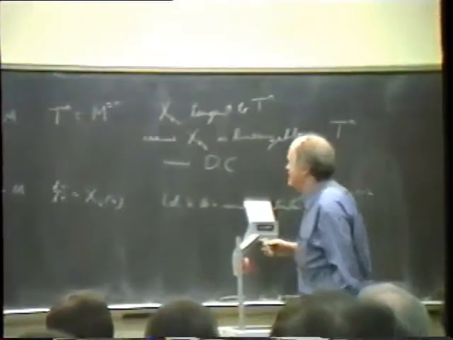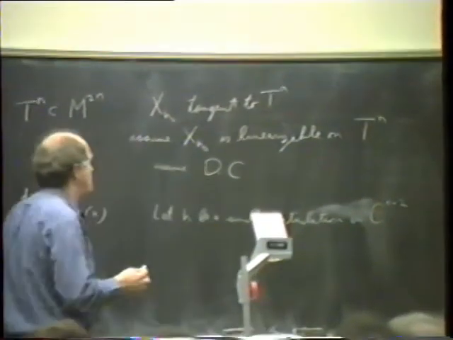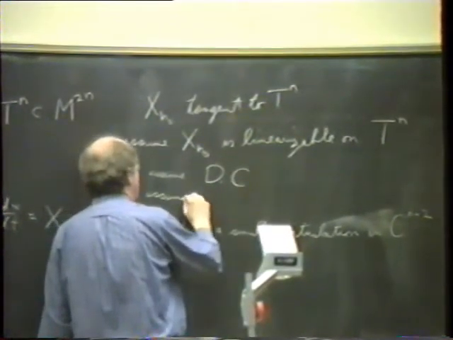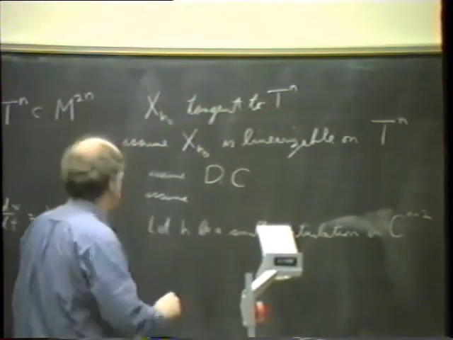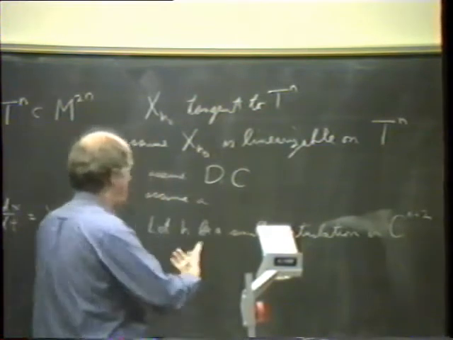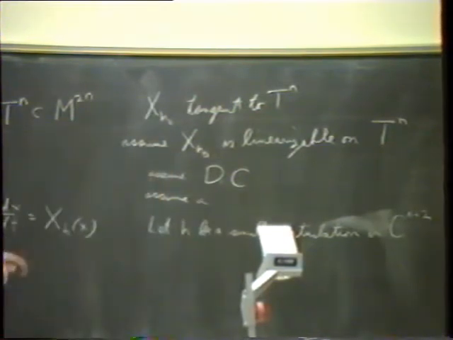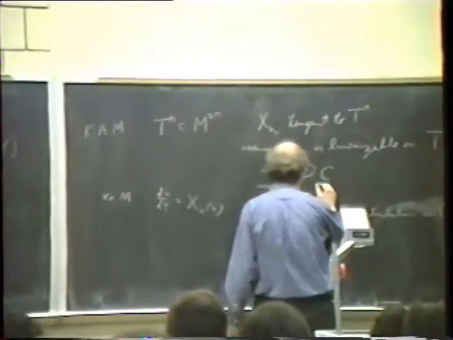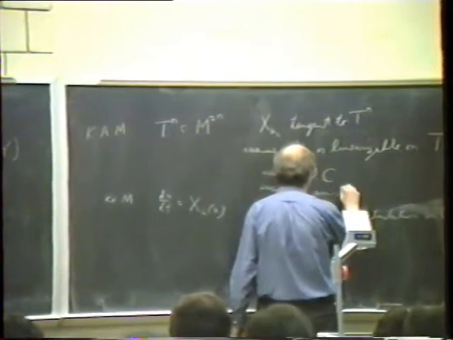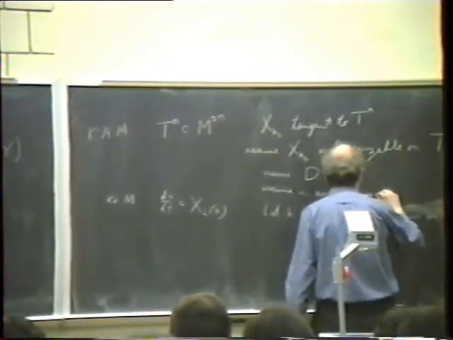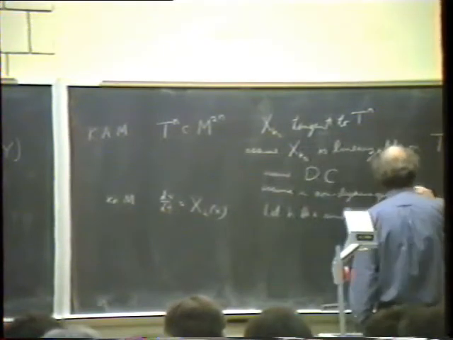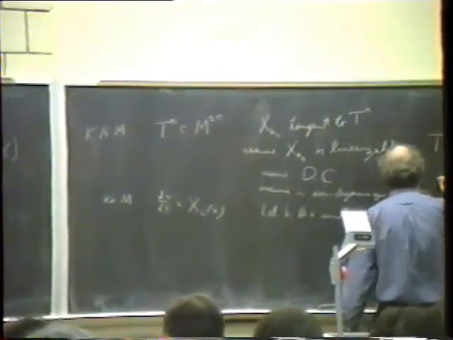Well, I'm sorry, I haven't given enough conditions. There's also a normal condition. I'm not going to say what it is. It's a condition on what happens on the normal space to Tn in M2n. It's a non-degeneracy type condition. For the experts, it's called the Kolmogorov condition.